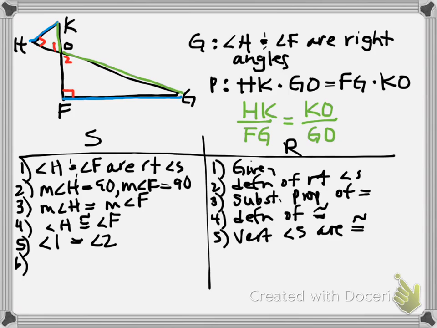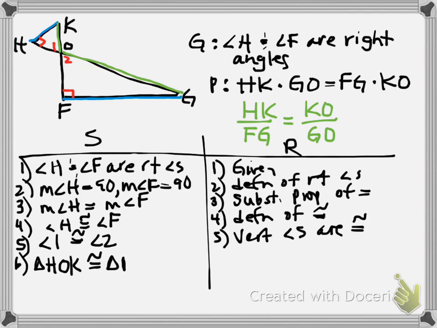So here comes the hard part. I got to get all my letters in the right orientation. For number 5, is it angle 2 or it's congruent? All right, so I'm going to do it this way. Start with the right angle, go to the angle 1, and then the leftover angle.